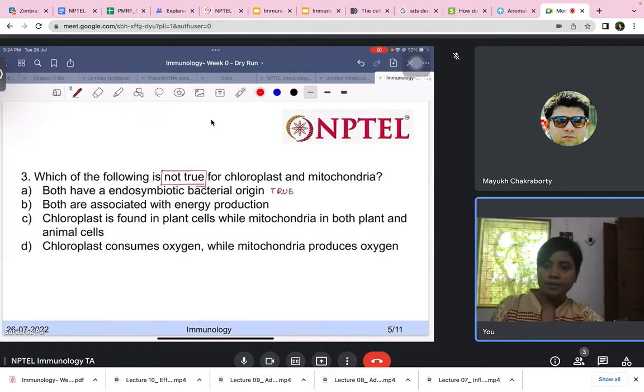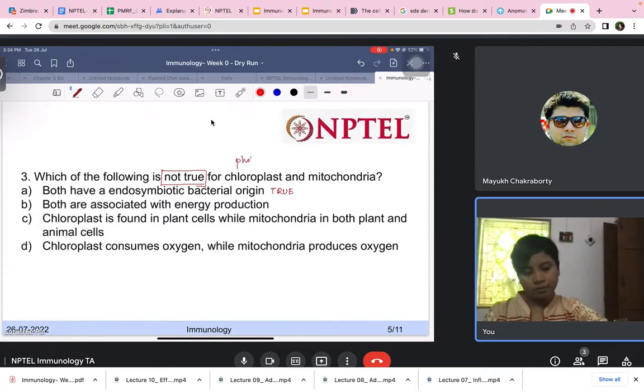Now next: both are associated with energy production. Now we know chloroplast is the site for photosynthesis, and mitochondria is the site for cellular respiration. So both photosynthesis and cellular respiration are important for energy production.